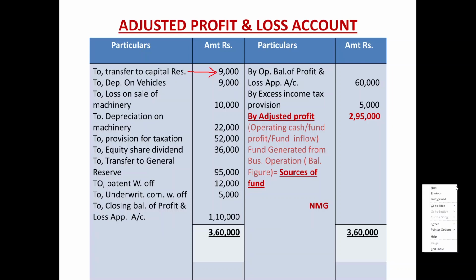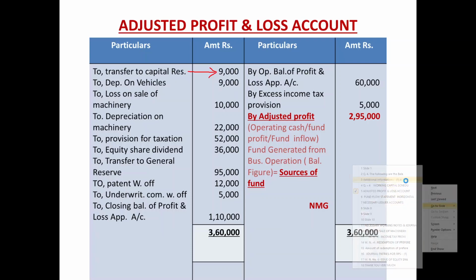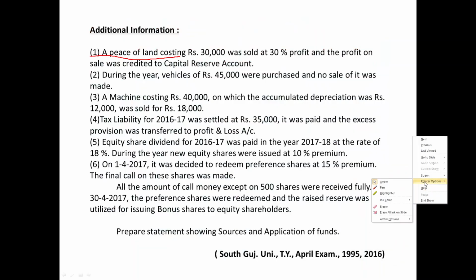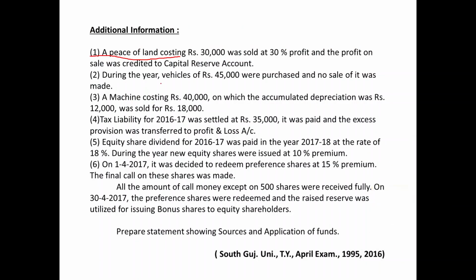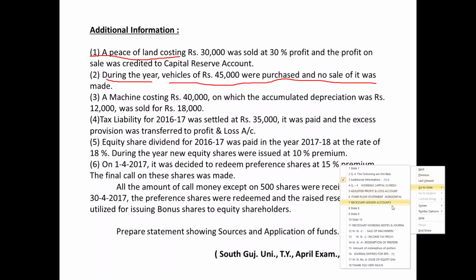Second point of additional information, let us verify it. Point number 2: during the year, vehicles of rupees 45,000 were purchased and no sale of it was made. Let us prepare a working note as usual for this particular transaction.